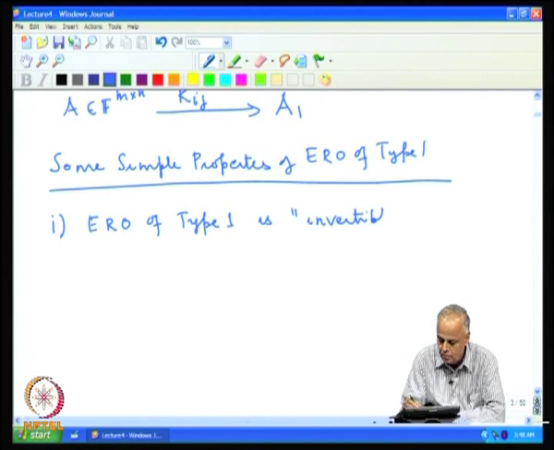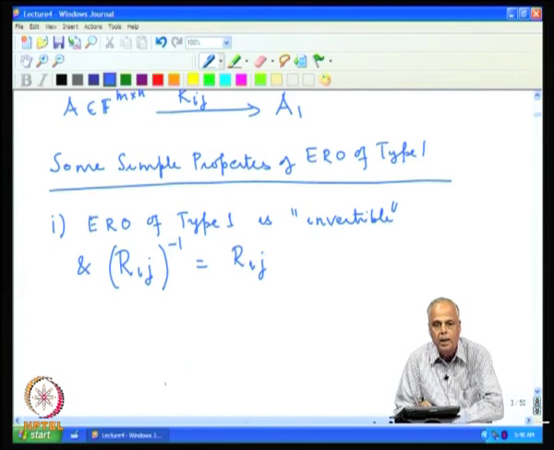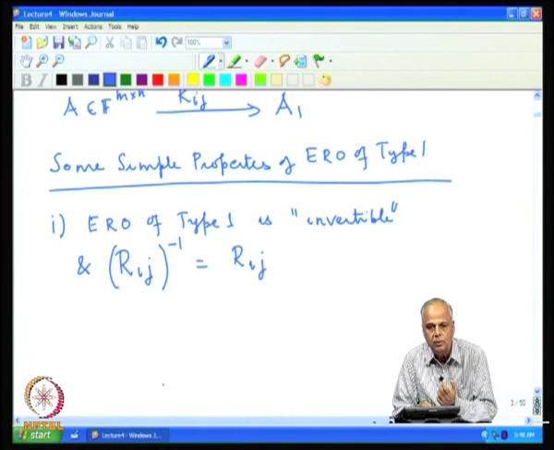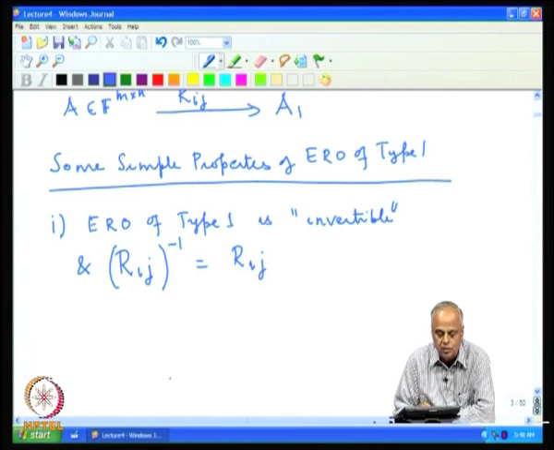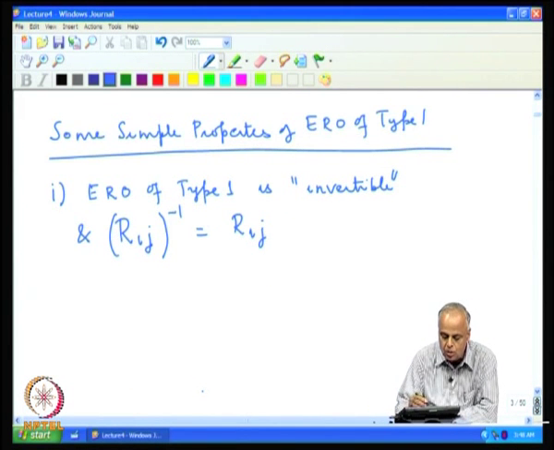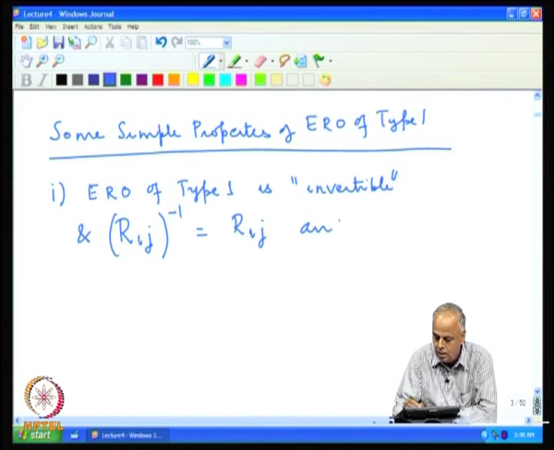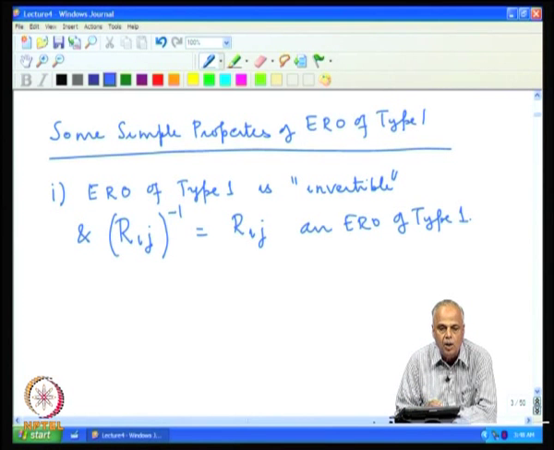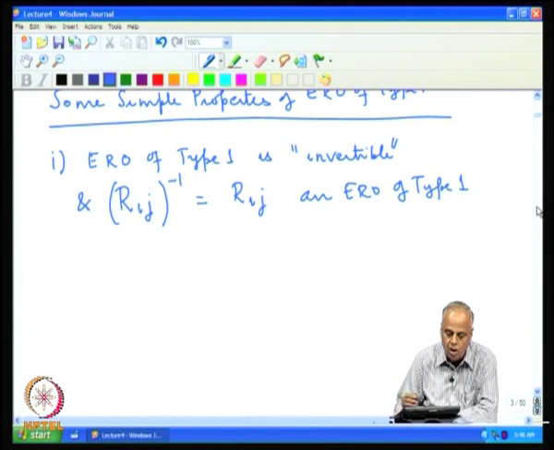And if we have the row operation as Rij, its inverse is again Rij. If you want to annul the exchange of the ith and the jth row, you have to again exchange the ith and the jth row, so that they get back into the original position. So, the ERO of type 1 is invertible, and the inverse is also an ERO of type 1.